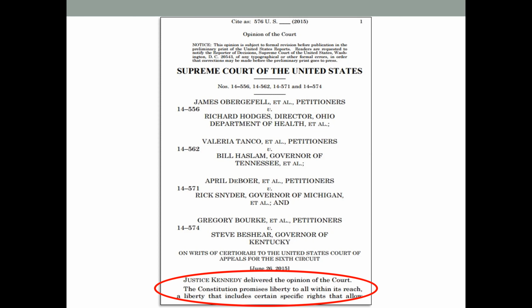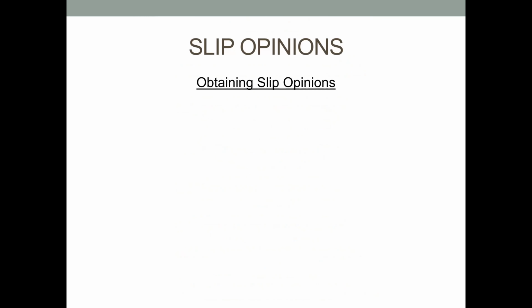It says, the Constitution promises liberty to all within its reach, and so on. And then the case will continue on from there. Now, that's a slip opinion. It is a freestanding pamphlet that contains only that lawsuit's opinions. In other words, they're not collected with opinions from other lawsuits.